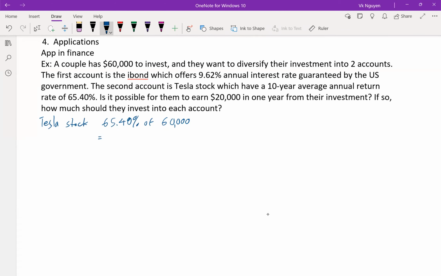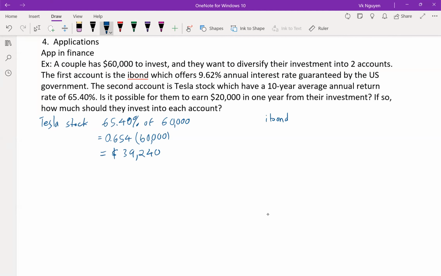Percentage is divided by 100. So when we divide by 100, we get 0.654. Multiply by 60,000, and that gives us 39,240. Let's take a look at the I-bond.